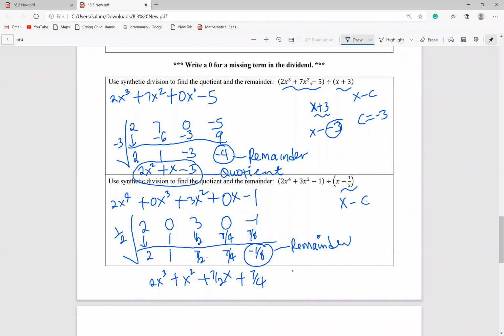That's how to do synthetic division. Any question on that before we proceed? No? Okay, thank you.